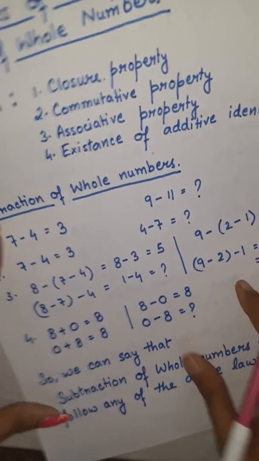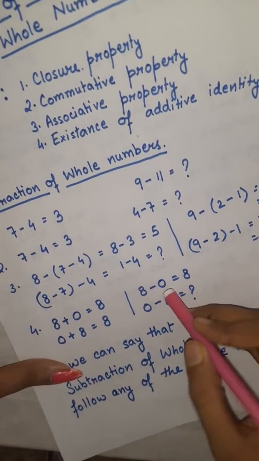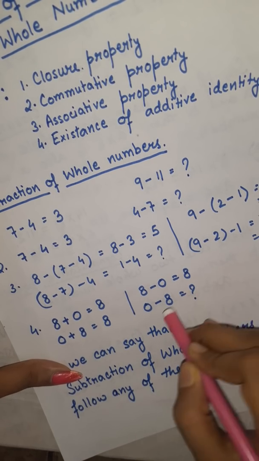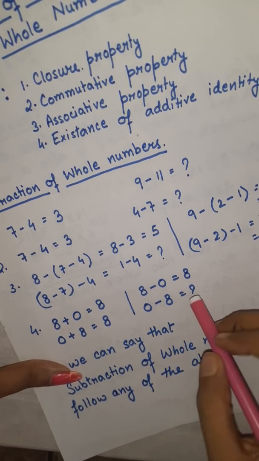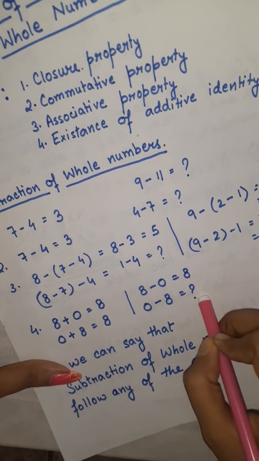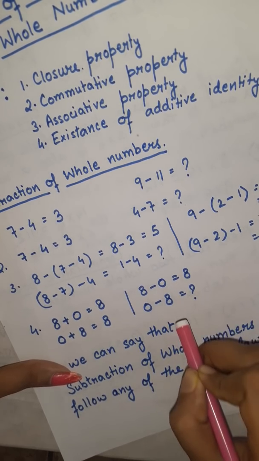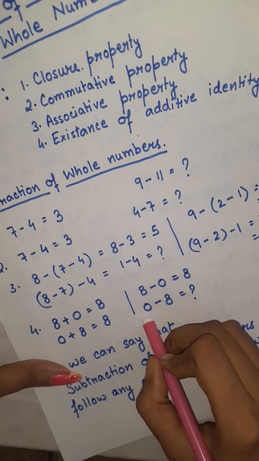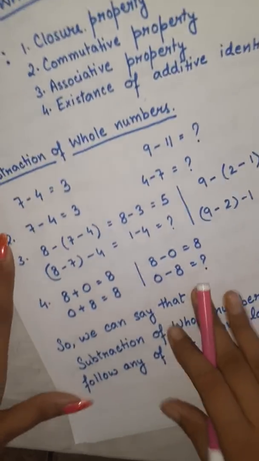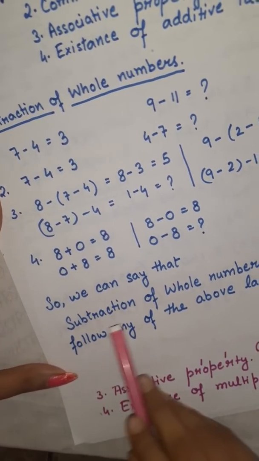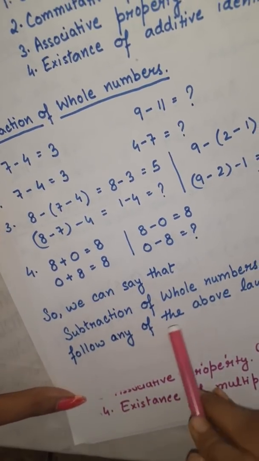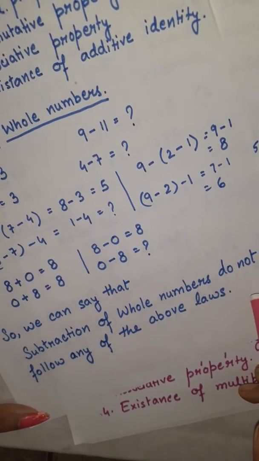But for subtraction, if you subtract 0 from 8, you will get 8. But if you subtract 8 from 0, you will not get 8. Because again the same problem, we cannot subtract a larger whole number from a smaller whole number. So we can say that subtraction of whole numbers does not follow any of the above laws.